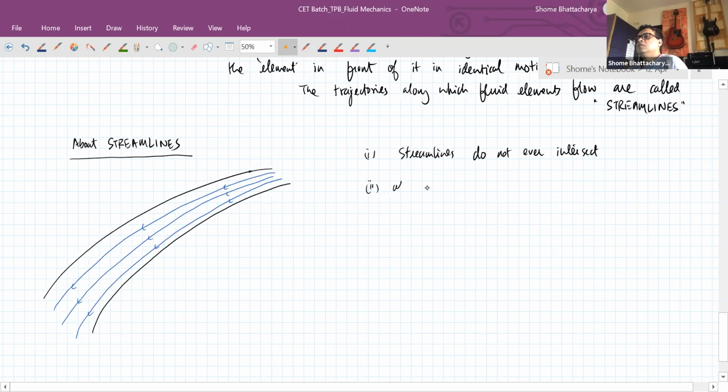Secondly, at any point, the direction of the velocity vector is given by the tangent to the streamline.